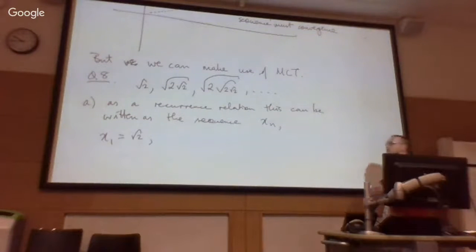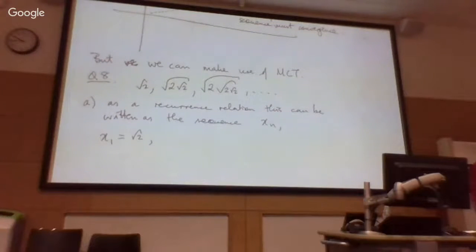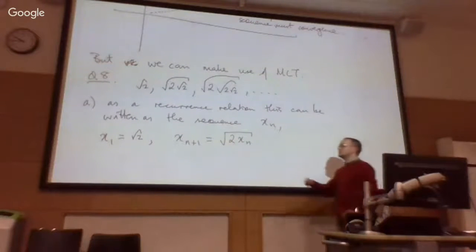For a recurrence relation, you have to get it started by supplying the initial value, or a few initial values if necessary. And then after that, the rule is xn plus 1 is when you multiply the previous element by 2, and then you take the square root. Okay. So that's a recurrence relation.